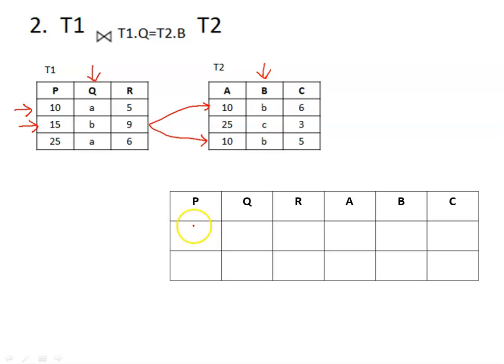So our output would be 15 B 9, 10 B 6 and 15 B 9, 10 B 5. Okay, so when you use different join attributes, the result varies.